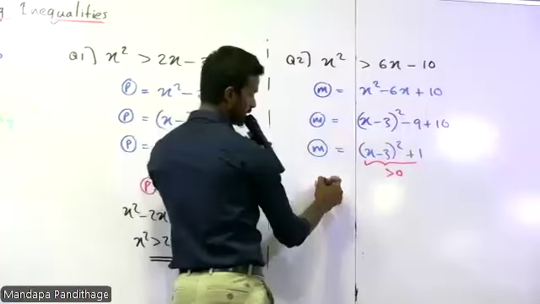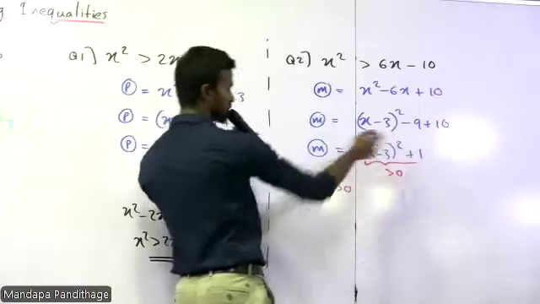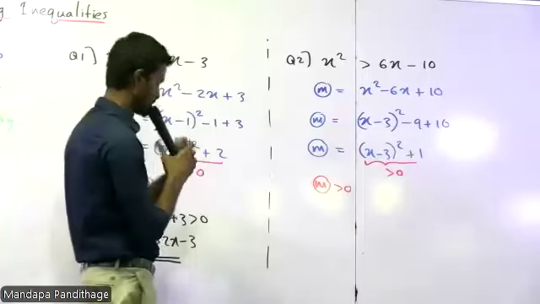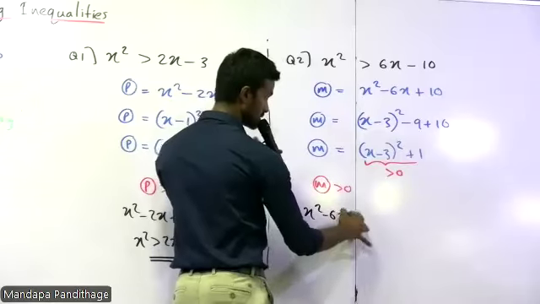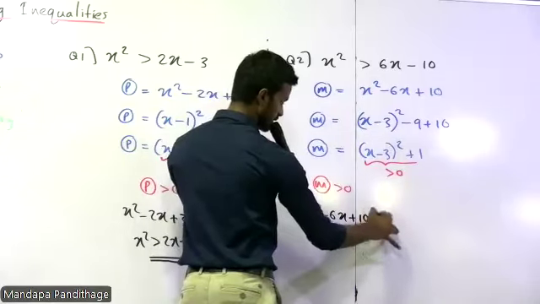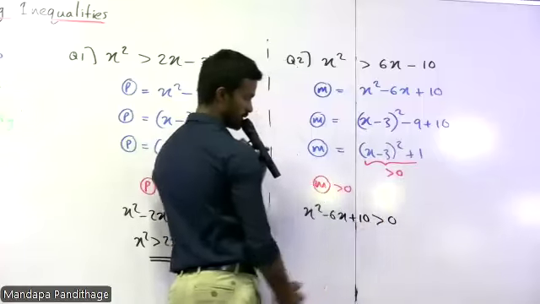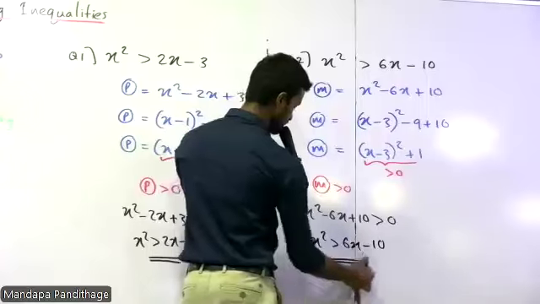You have shown that m is positive because a square plus something is positive. And then what is m? x squared minus 6x plus 10 is greater than 0, which means x squared is greater than 6x minus 10.